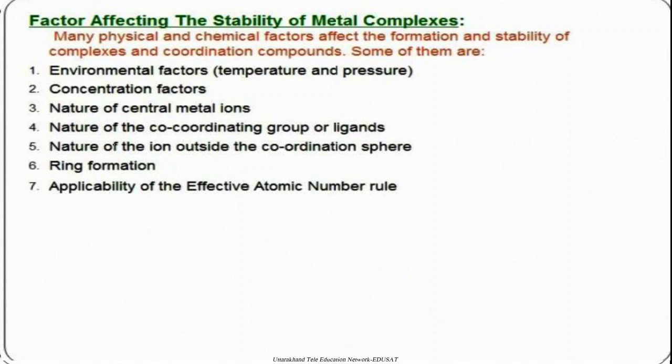Number 3, nature of the central metal ion. Number 4, nature of the coordinating group or ligands. Number 5, nature of the ions outside the coordination sphere. Number 6, ring formation. And last, applicability of the effective atomic number rule.